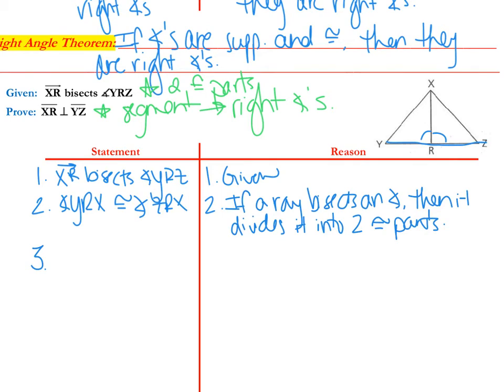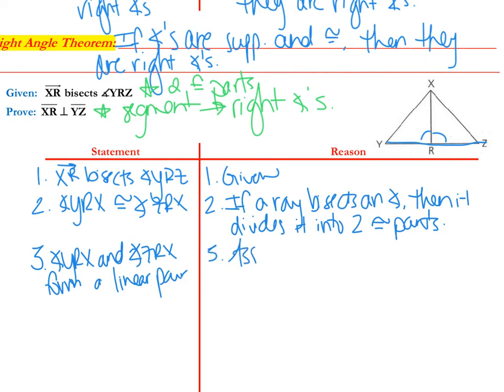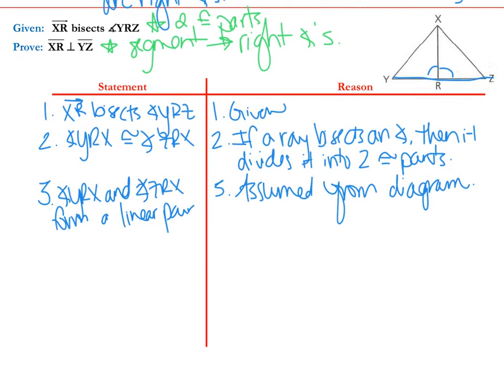So we're going to say that angle YRX and angle ZRX form a linear pair. How do we know that? That came from the diagram. Okay. And if two angles form a linear pair, what does that mean about their measure?